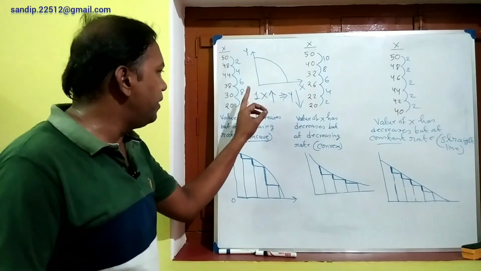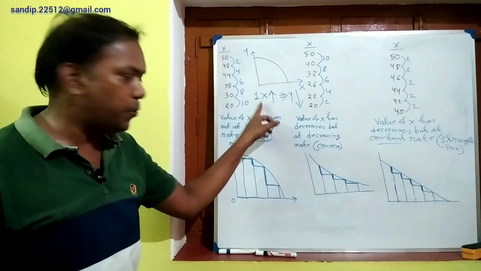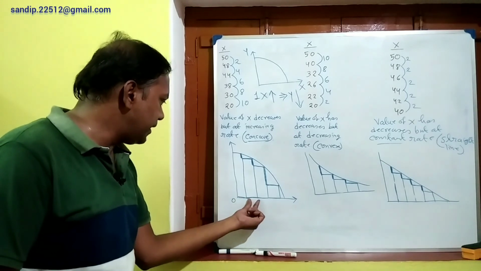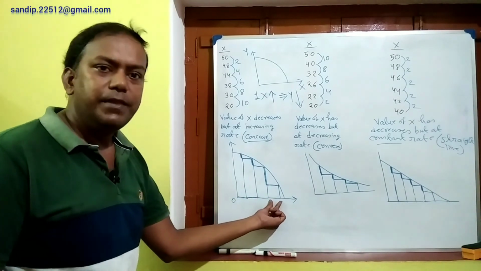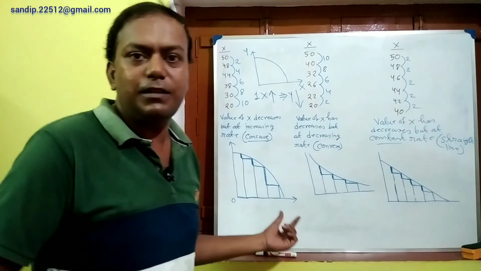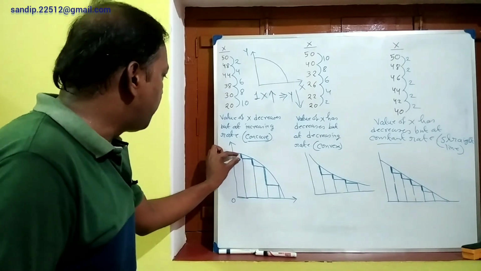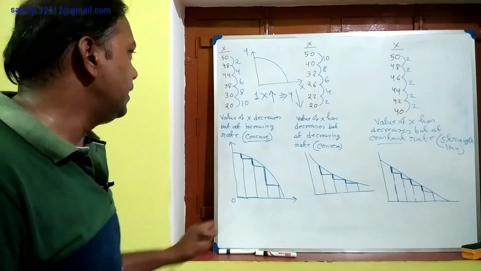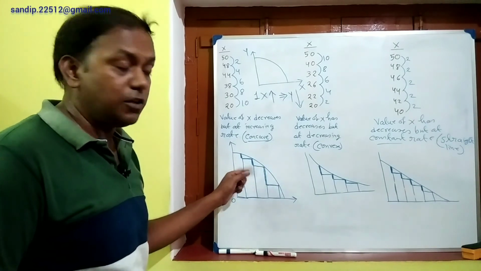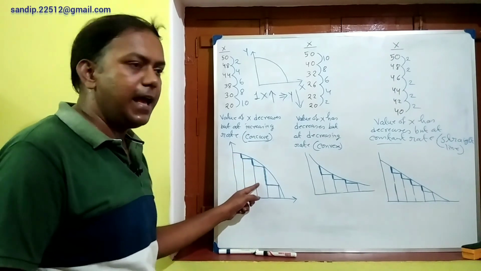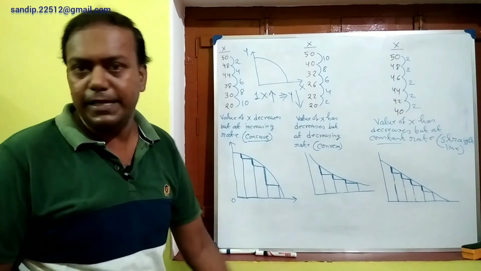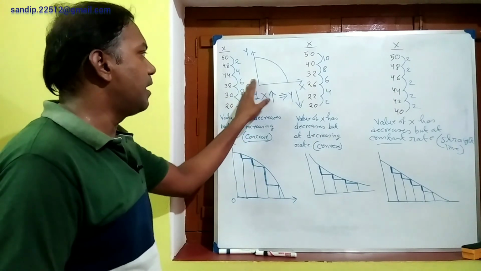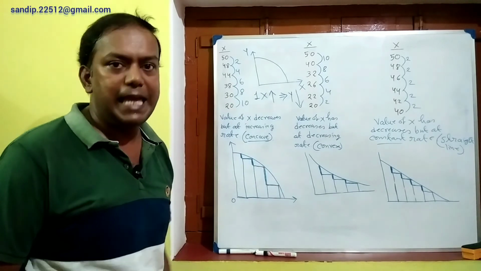Means for every 1 unit more production of good x, if x good's production is increased by 1 unit, then the amount of sacrifice of good y will gradually increase. Then the curve will be of concave shape.